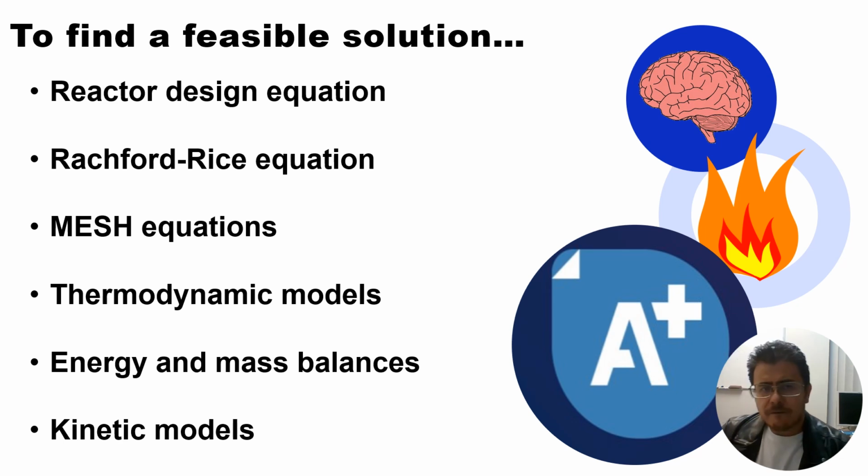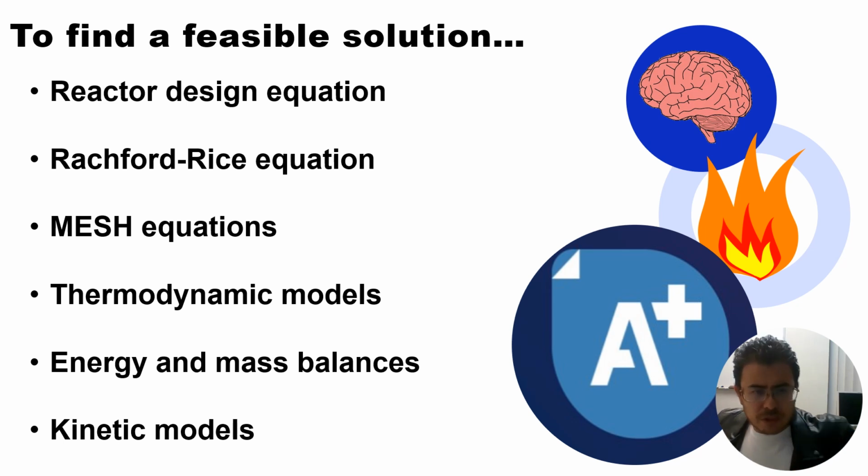To find a feasible solution for this process, we need to solve the reactor design equation. We need to solve the Rachford-Rice equation in order to solve the flash. We need to apply the MESH equations in order to solve the distillation column in a rigorous way.